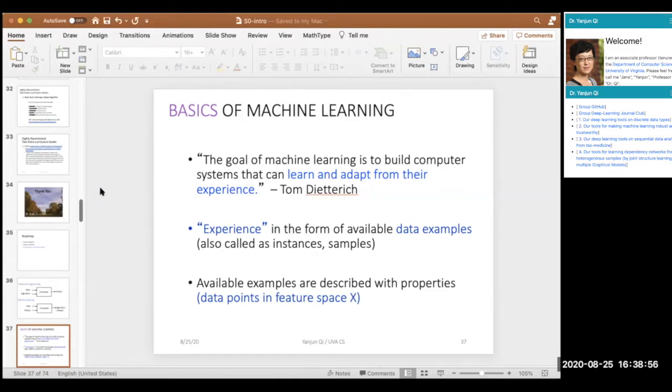The experience is in the form of available data examples, which we can also call instances or samples. The available examples are normally described with some kind of properties. A mathematical way to talk about it is that we're representing the past data as data points in some kind of feature space X.